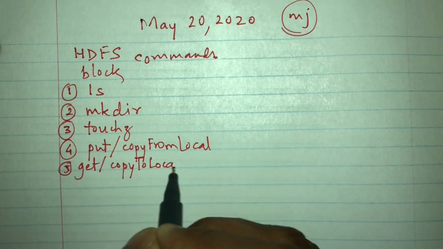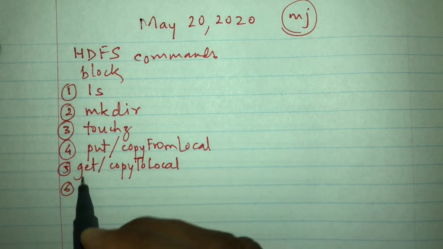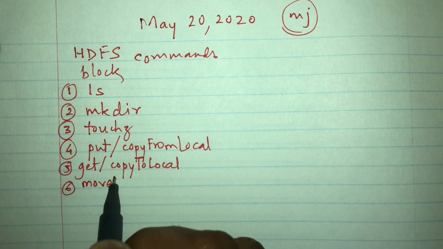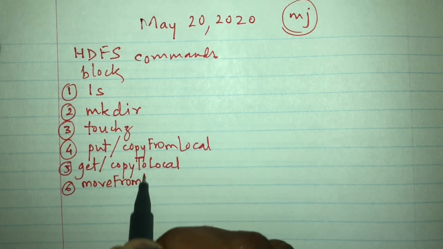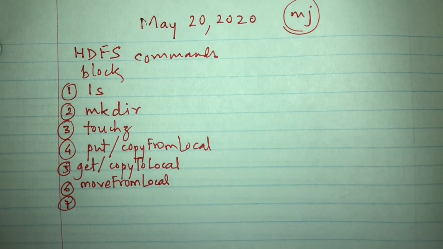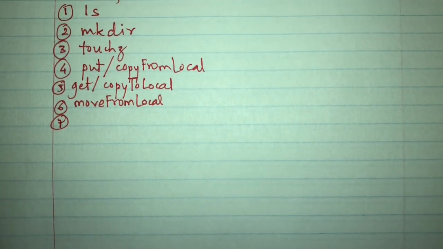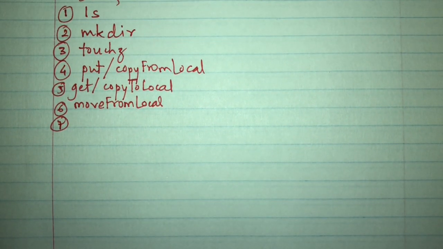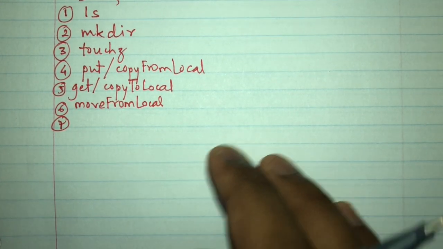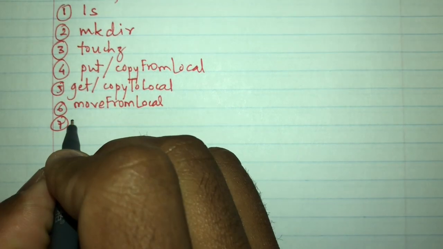T and L are capital here. Then you have something called moveFromLocal. Similarly, you have moveToLocal, but when you run this command you get an error saying this command is not implemented yet. So the command exists but it doesn't perform any function.